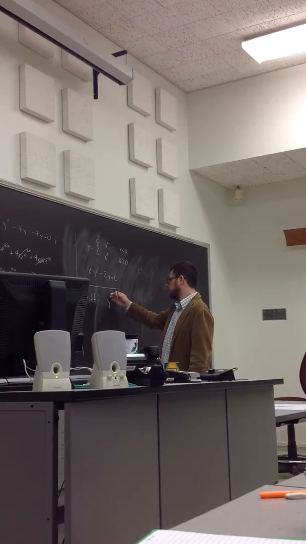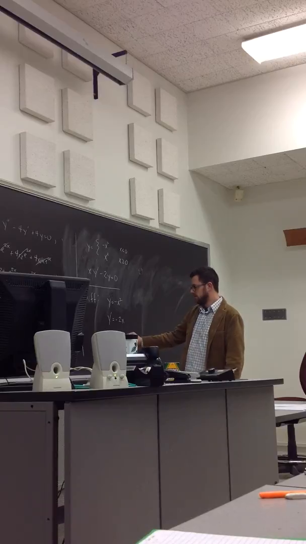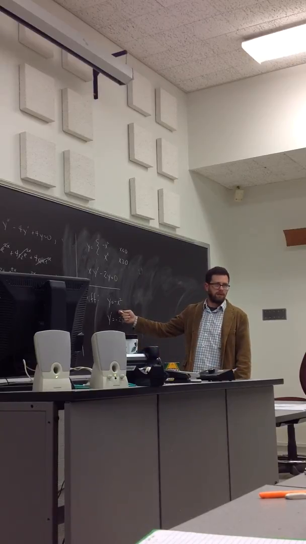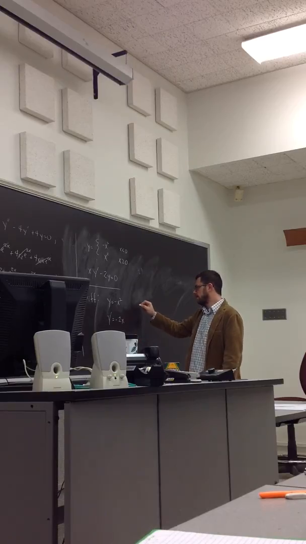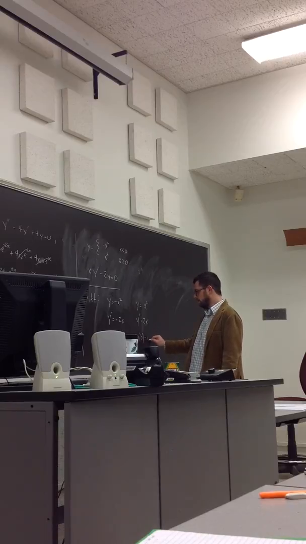So first of all, to check if it's differentiable, y prime. If y equals minus x squared, y prime is equal to minus 2x, y prime of 0 is 0. So the left-hand derivative is 0. Let's check from the right. If y is equal to x squared, y prime equals 2x, y prime of 0 is equal to 0.